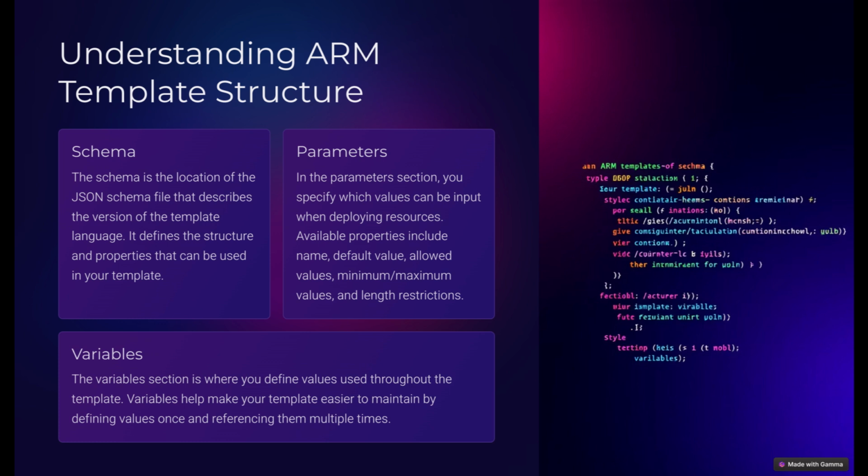So you're protecting yourself or other users from putting in incorrect or unsupported options. It's foolproof. And you can even set minimum, maximum length, numeric value restrictions, that kind of stuff. So it makes your templates really flexible, really reusable, because you can customize these deployments for different situations without having to change the core logic of the template itself.